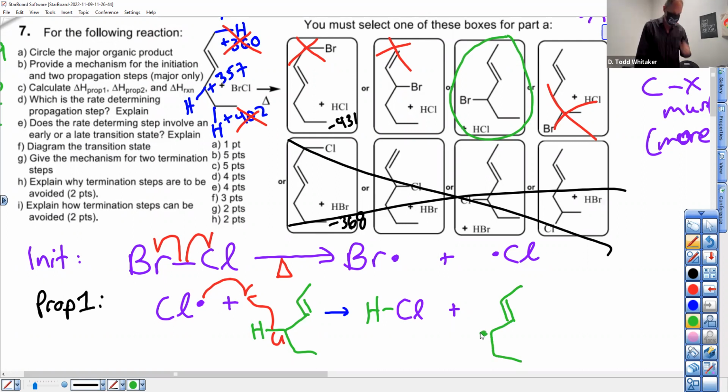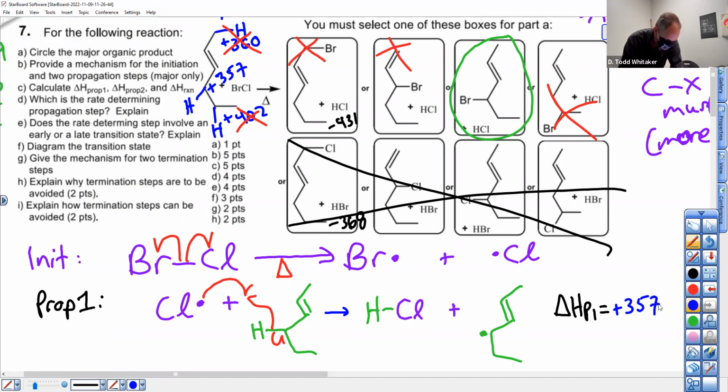So we made a carbon radical. We can calculate delta H of prop 1 right now. You don't have to do these things in order. What is it to break the CH bond? We already have it on the screen. Give me a number and a sign. Now you made HCl.